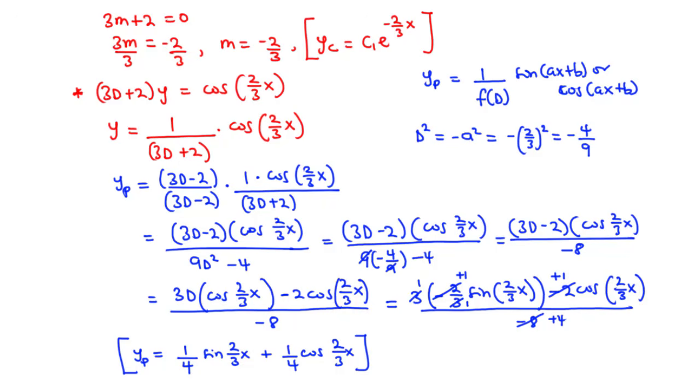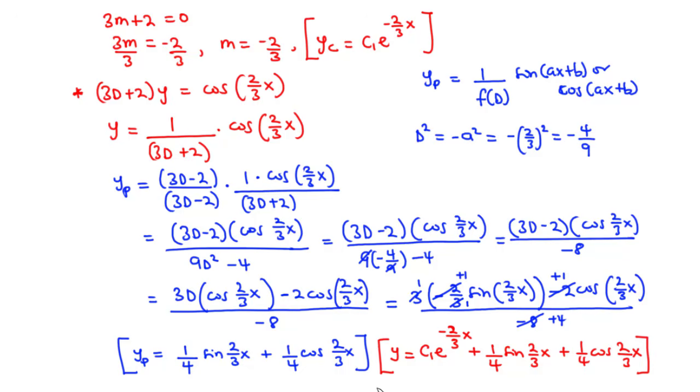Therefore the general solution y is given by yc, which is c1 e to the power negative 2 over 3 x, plus yp, which is plus 1 over 4 sine 2 over 3 x plus 1 over 4 cos 2 over 3 x.